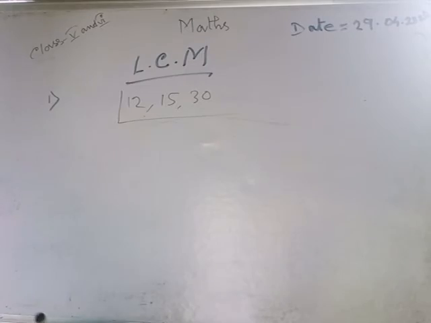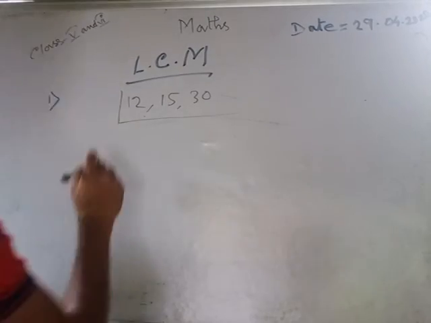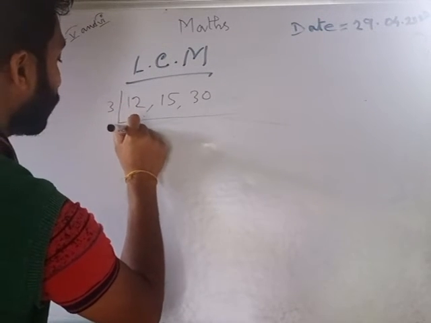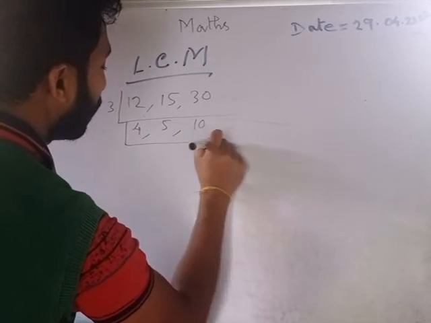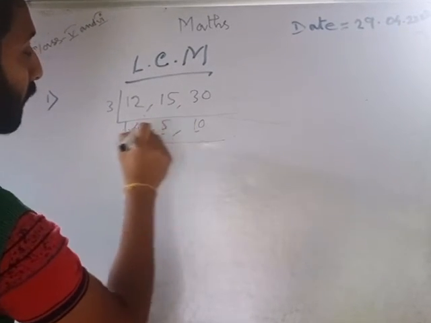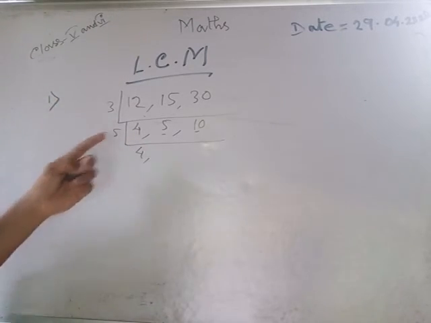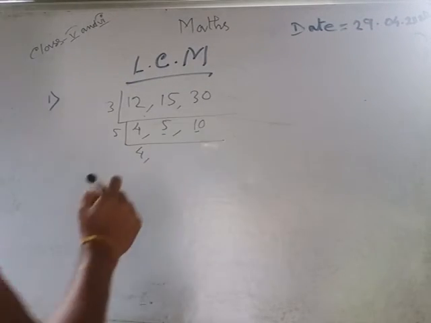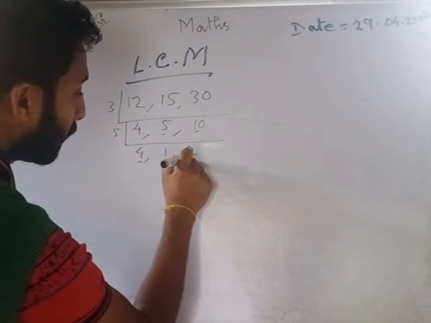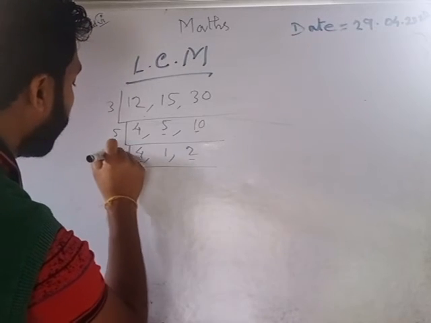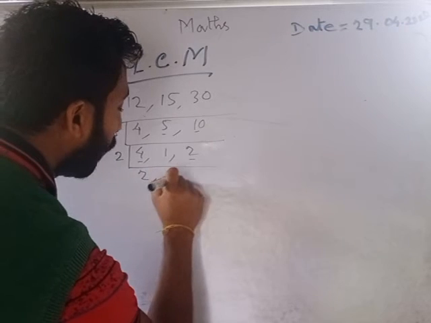Which number can divide all the numbers? 3. 3 4s are 12, 3 5s are 15, 3 10s are 30. After that we go to the next: 4, 5 and 10. Also goes to 5. 4 stays here because 4 cannot be divided by 5. That's why 5 1s are 5, 5 2s are 10. At that time 4 and 2 can be divisible by 2. 2 2s are 4, 1 2 is 2.